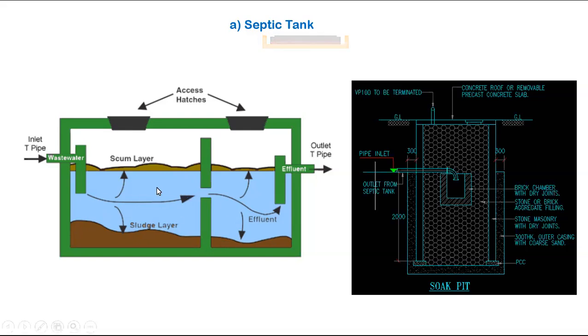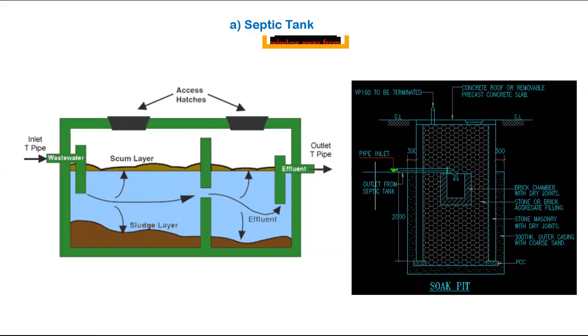After that, clear water will go into another chamber. Again, some escaping scum will float. Scum will always be created in sewage. Scum means bubbles only.